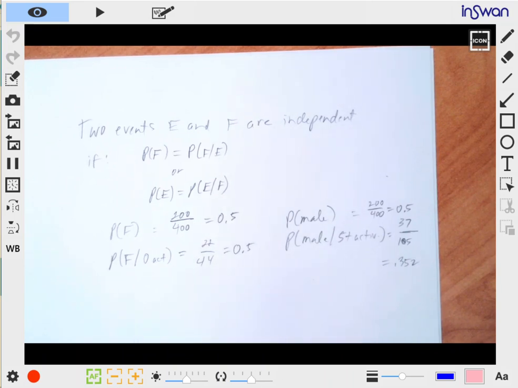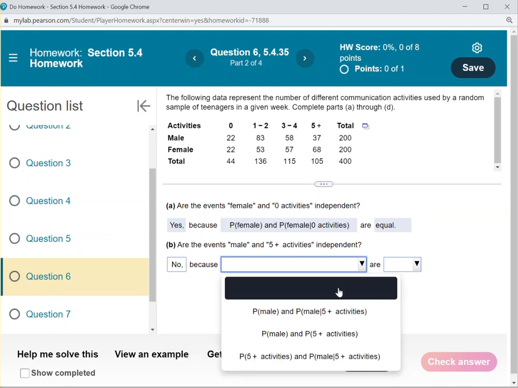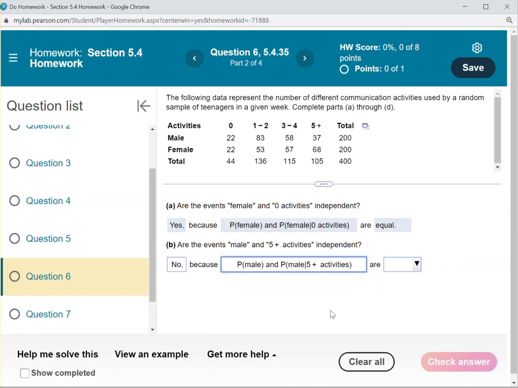So let's go back. Are they independent? No, because the probability of being male and the probability of being male given you're restricted to 5+ activities are not equal.